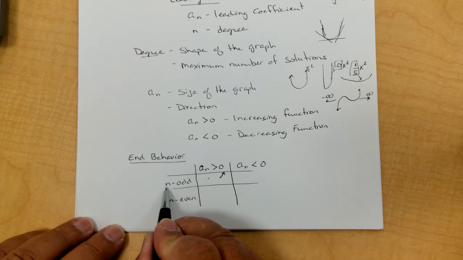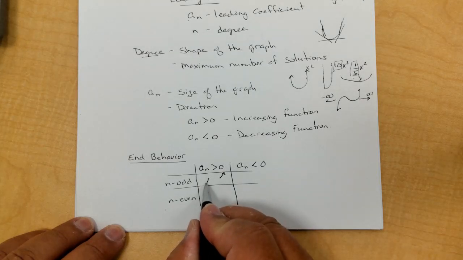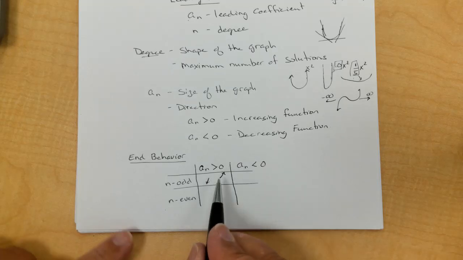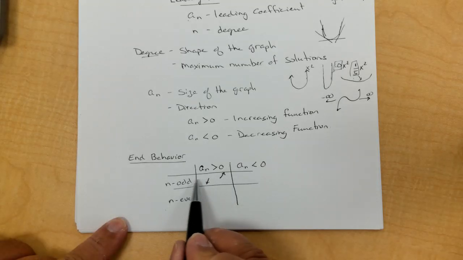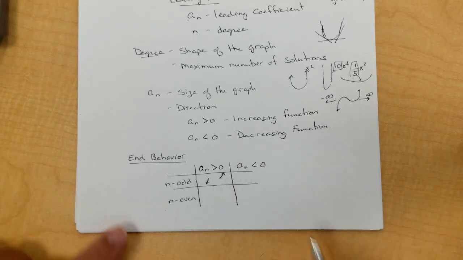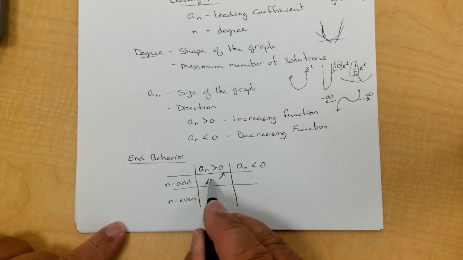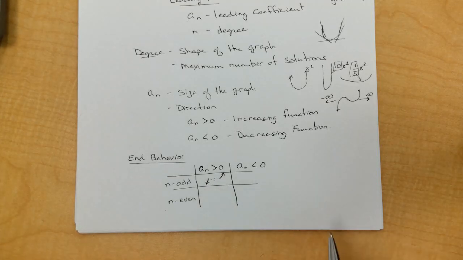Since n is odd, the ends have to go different directions. And the reason this is an increasing function is that as x goes to infinity, it keeps going higher and higher. We don't know what happens in the middle yet.